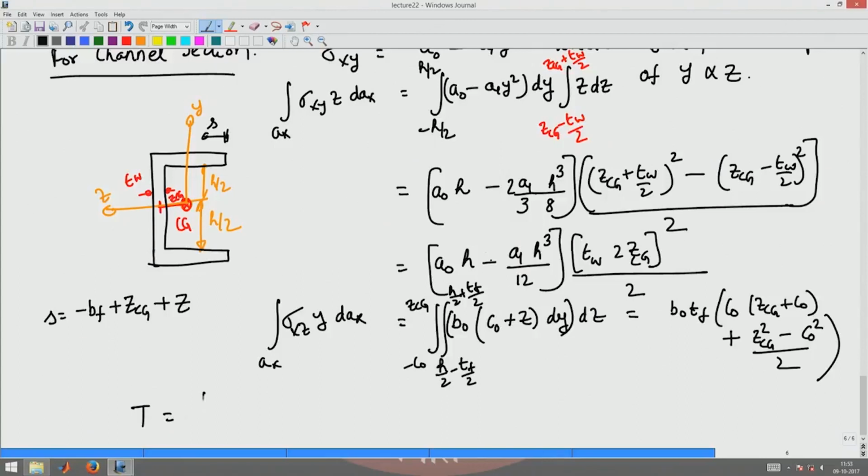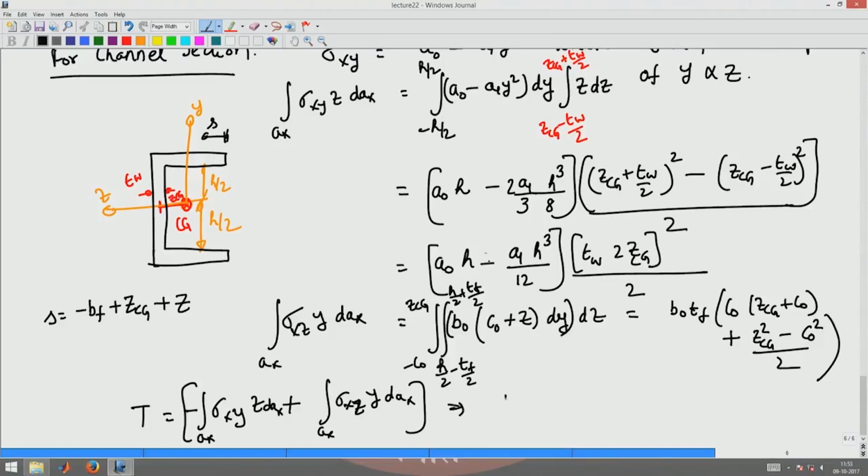Okay. So, now I have to add these two, get the net torsional moment. This will be the integral of sigma xy into z dAx minus the integral of sigma xz into y dAx. I have to subtract these two to get the net torsional moment. That I have to divide by, that is the net torsional moment.